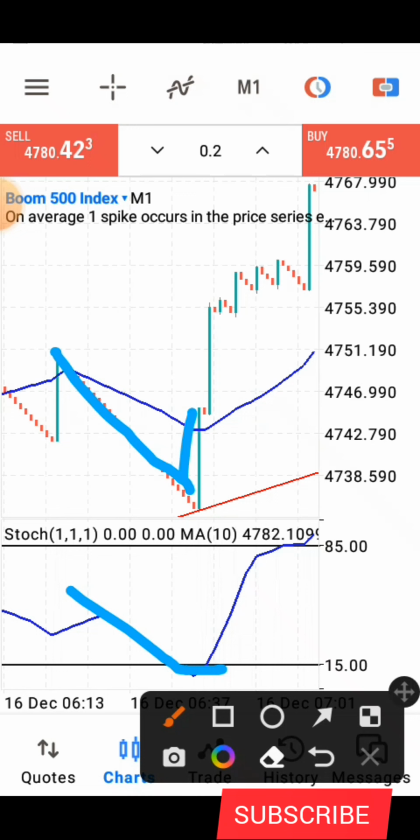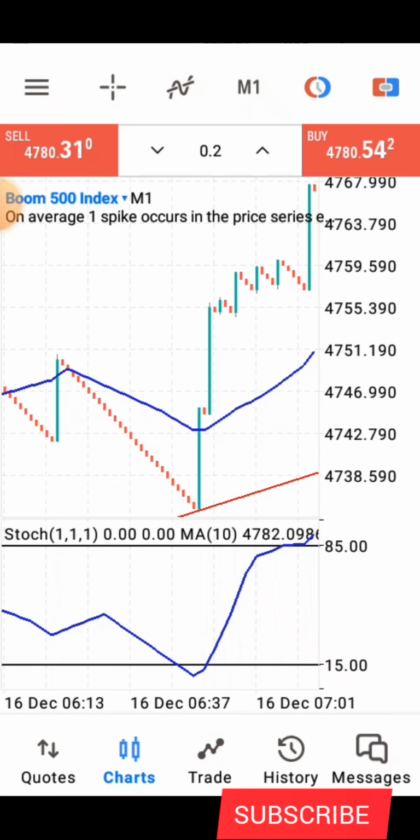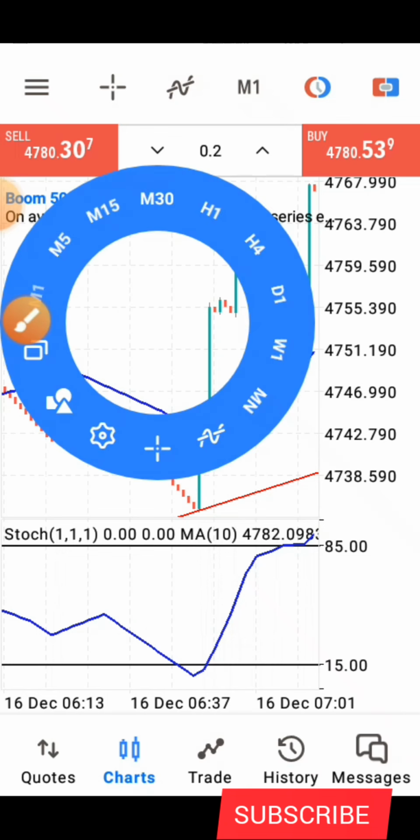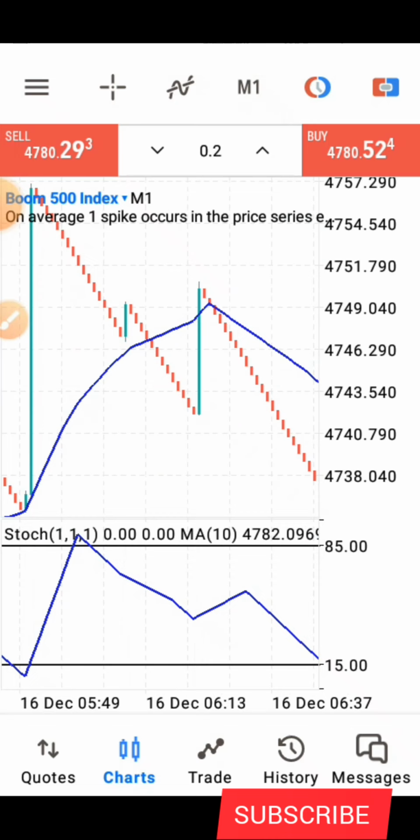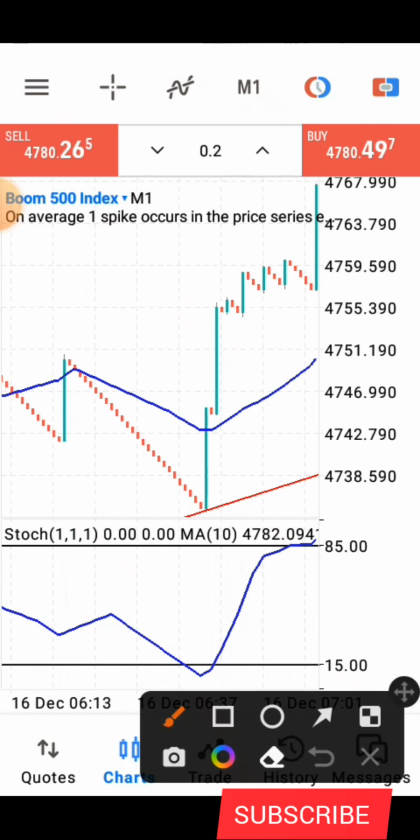So whenever the spike breaks above my 35 moving average, now the 35 moving average is serving as a support and resistance zone. So whenever price breaks and closes above it, right, hope you guys understand what I'm trying to say here, then this is where I'll take my entry.